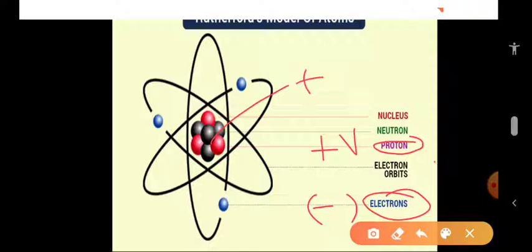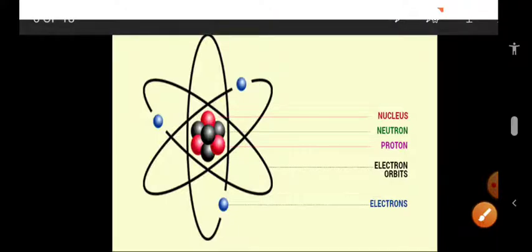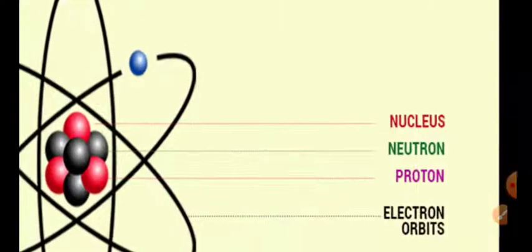Along with the proton, neutron is also there at the center, and neutron is neither positive nor negative, it's a neutral charge. This part is called the nucleus. Okay, note down everything, all the points are very important. So this is Rutherford's atomic model.